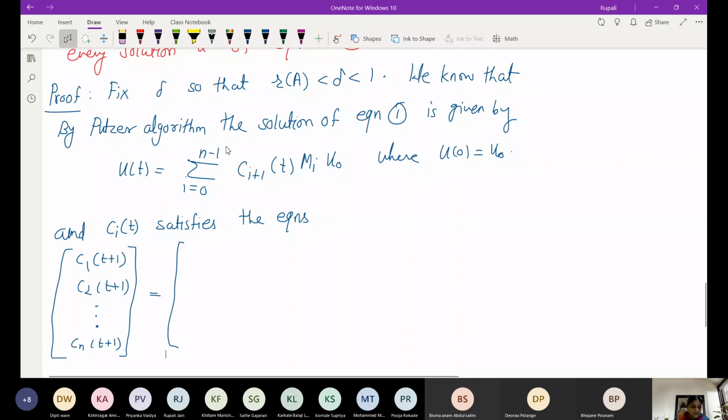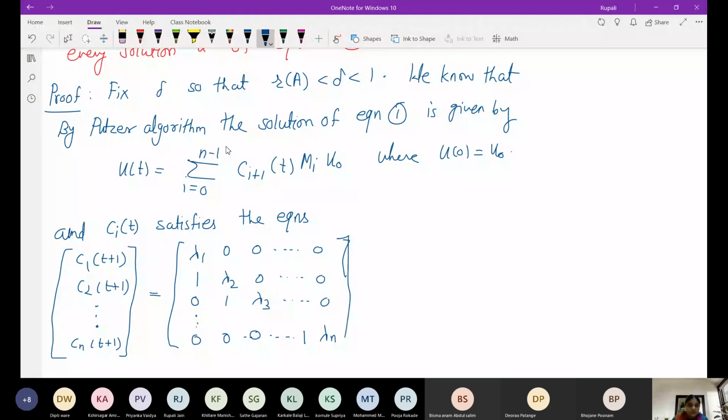What is that matrix? Lambda 1, 0, 0, 0; 1, lambda 2, 0, 0; 0, 1, lambda 3, 0, and so on; the last row is 0, 0, 0, 1, lambda n, into c1(t), c2(t), up to cn(t).